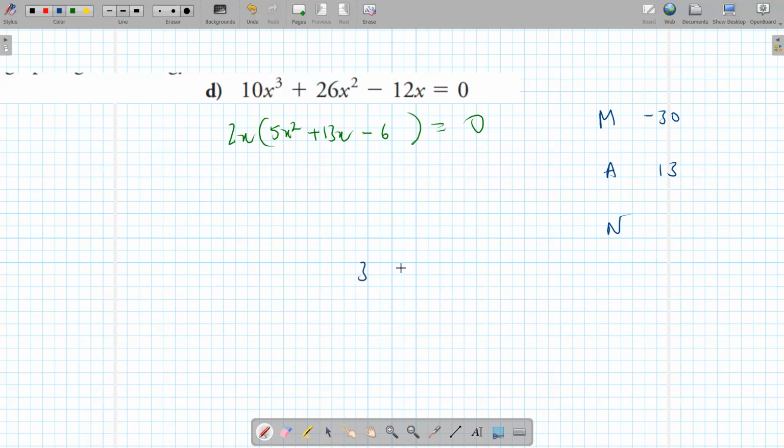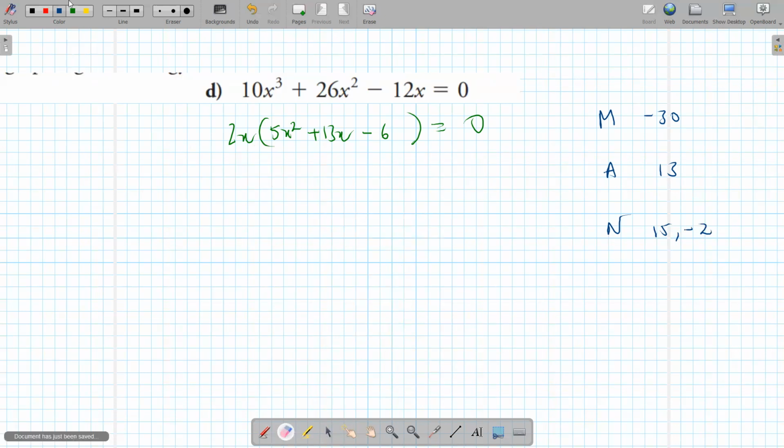There are only 3 pairs that multiply to 30: 3 and 10, 6 and 5, and there's one more. 15 and 2. Yeah, which one's positive, which one's negative? 2 is negative, so 15 and negative 2, right?